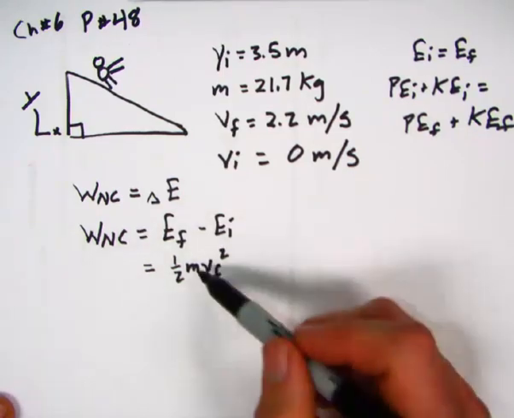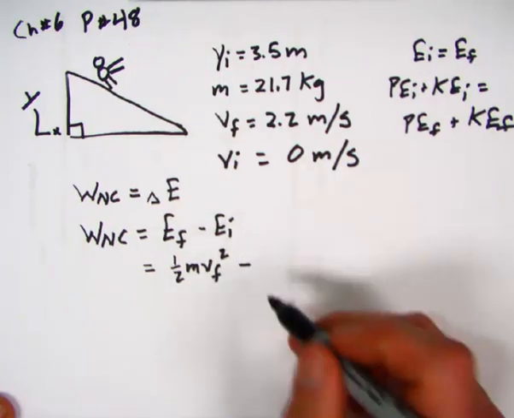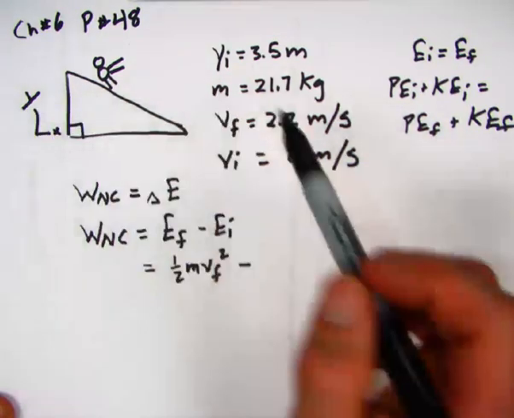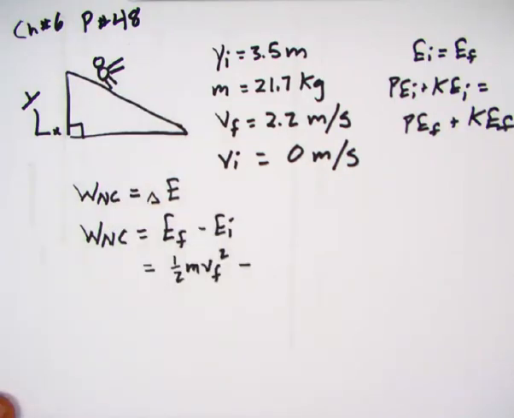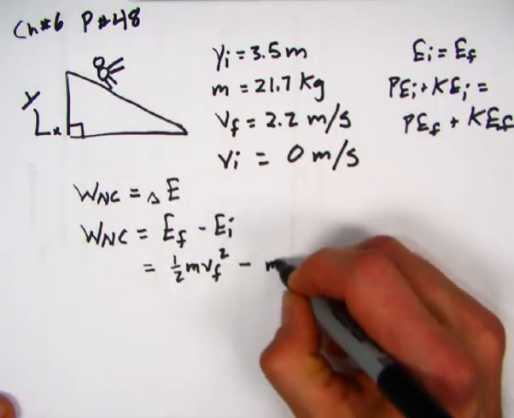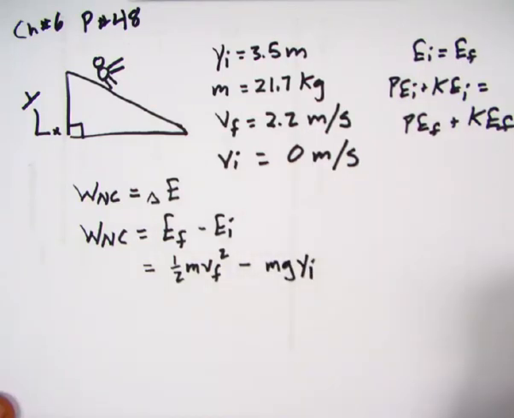So this would be our final kinetic energy. What do we have at the beginning? Well, at the beginning, if we're starting from rest up there, we'd have no kinetic energy, but we would have gravitational potential energy, mgy, all right?